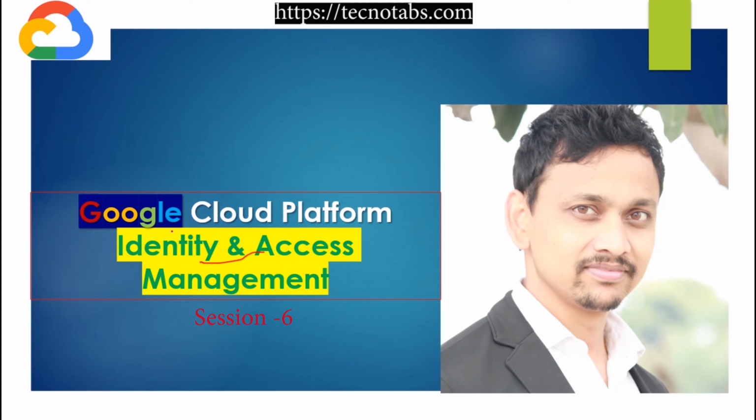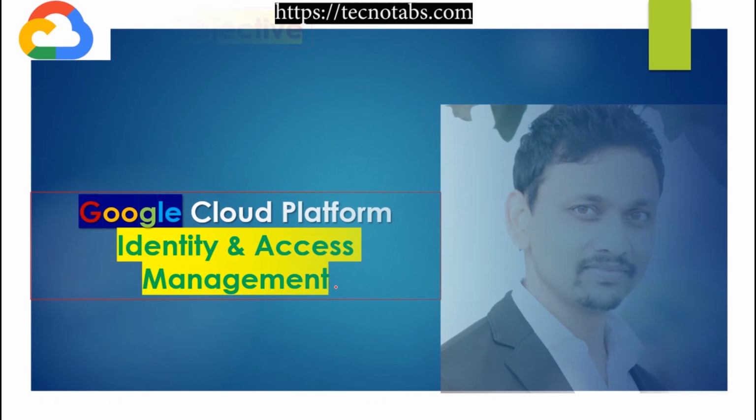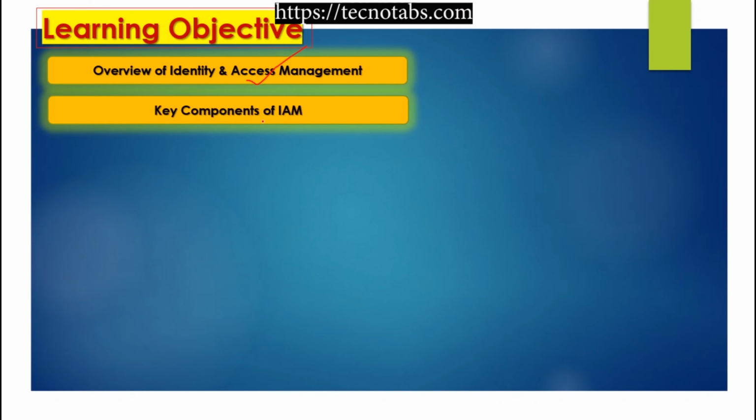In this section, we are going to start with one of the interesting topics of GCP, that is Identity and Access Management. We also call it IAM. Now, let's quickly have a look at the learning objectives of this video. We'll start with the IAM overview, and then we will look at the key components of IAM.